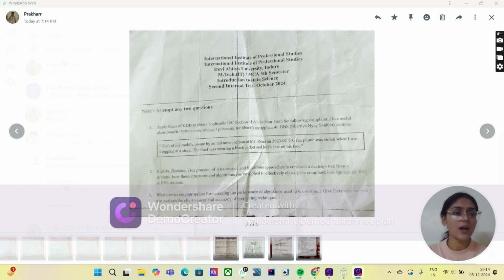F1 score, measures the harmonic mean of precision and recall. ROC AUC, measures the area under the ROC curve, which plots true positive rate against the false positive rate. Confusion matrix provides a summary of the predictions against actual outcomes.